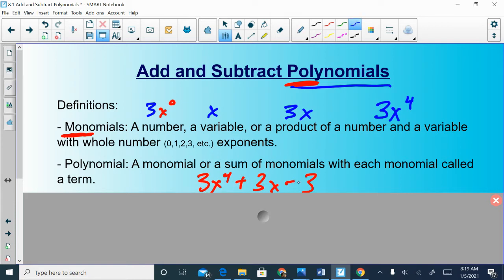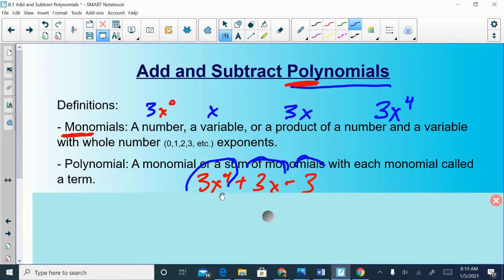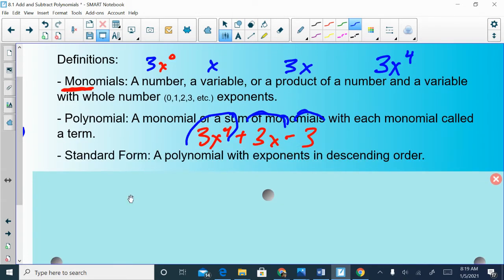This polynomial right here has 3 terms. This is going to be considered a term right here. This would be considered a term, and this would be considered a term. So this is a 3-termed polynomial. I already mentioned this, but standard form, we like these terms to have decreasing exponents. So this one has an exponent of 4.